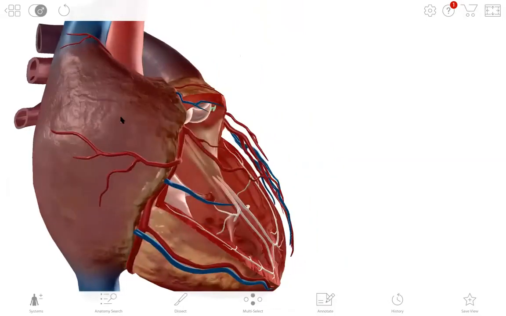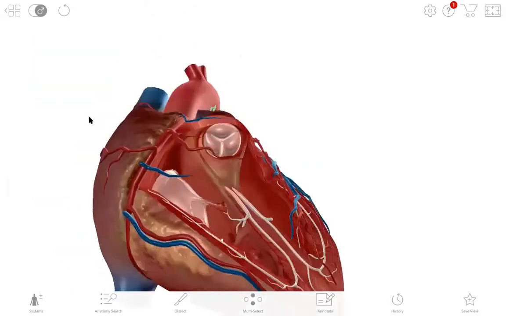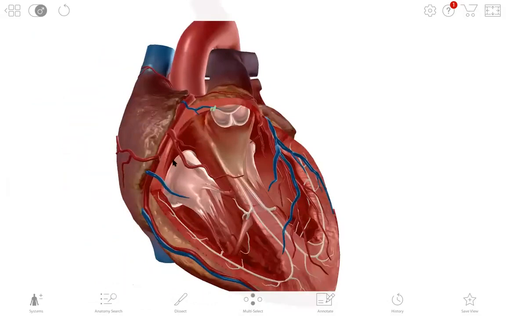And this chamber collects the venous blood. From the right atrium, the blood passes through the right atrioventricular opening, which has the tricuspid valve, having 3 cusps, and the blood will go to the right ventricle.